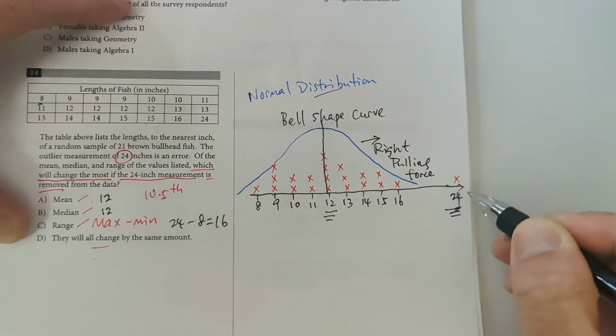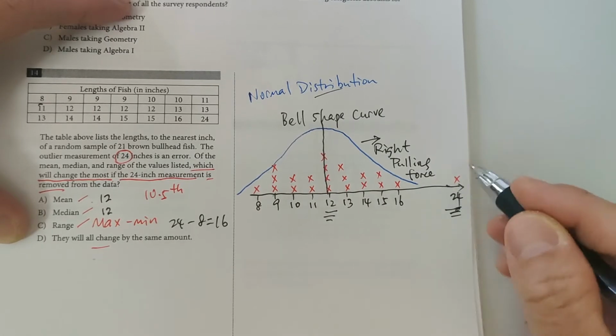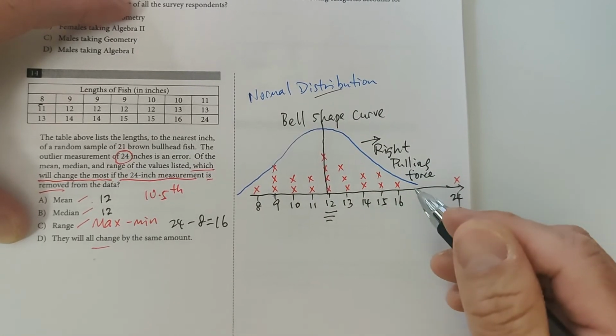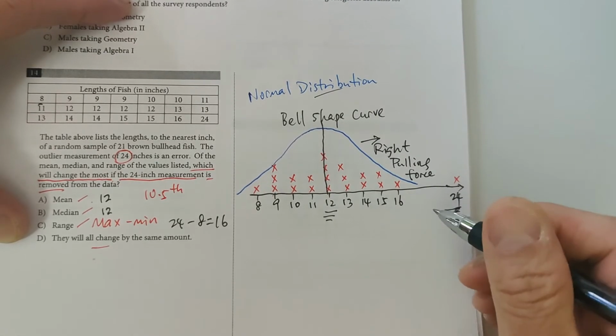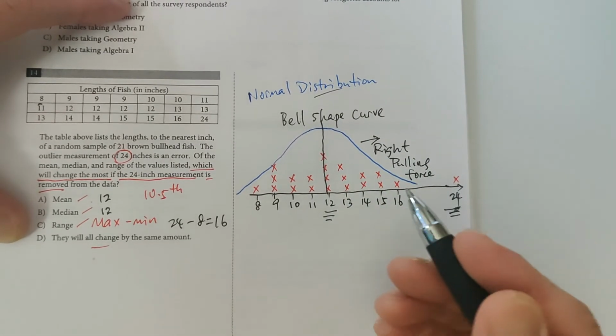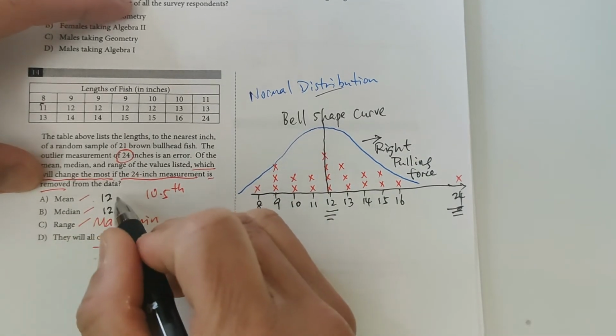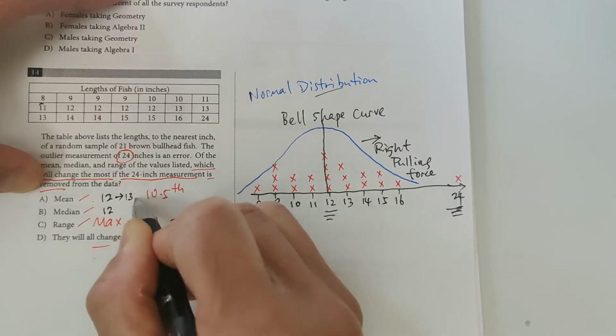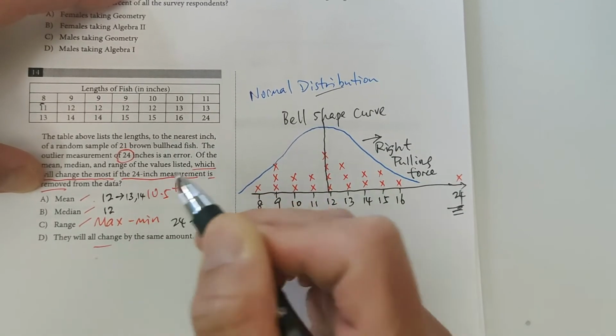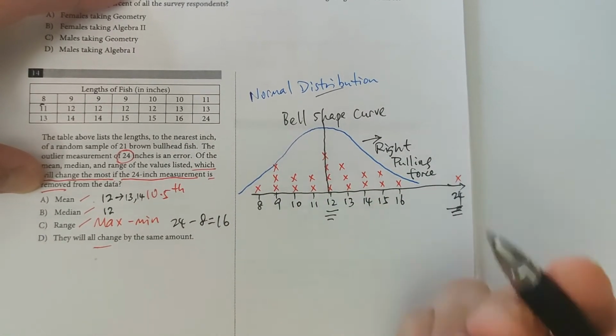There's only one, so the effect wouldn't be that much. Maybe it will pull the mean a little bit to 13, 14 at most. I would say only somewhere around 13.